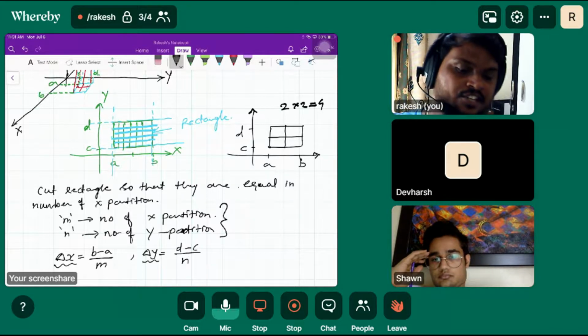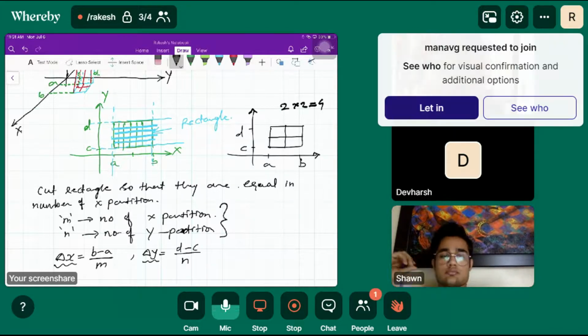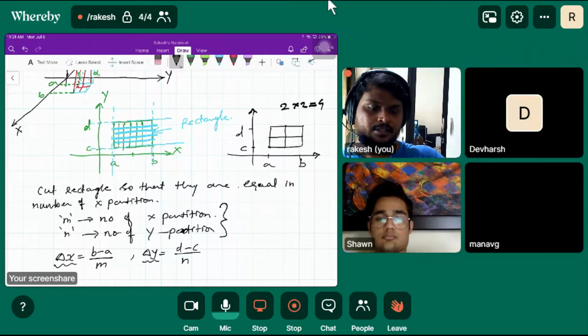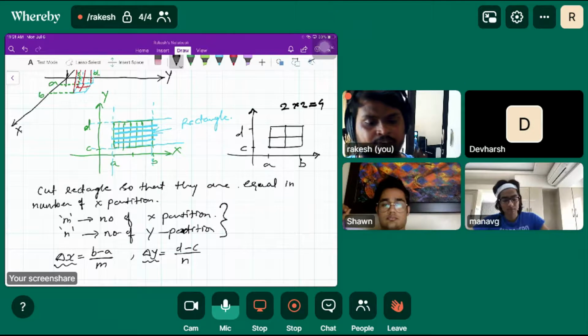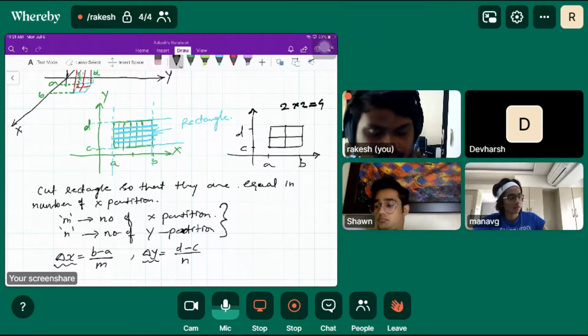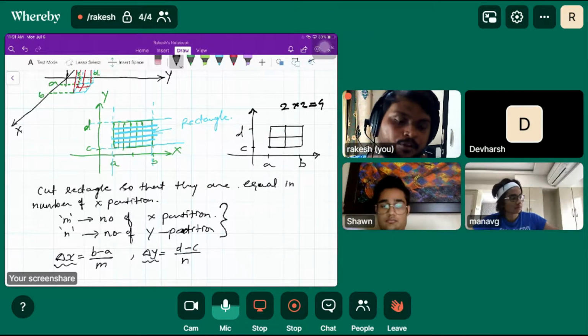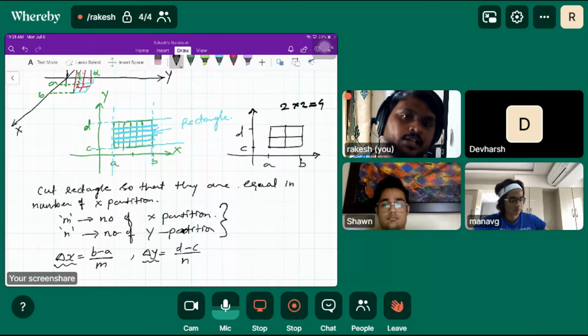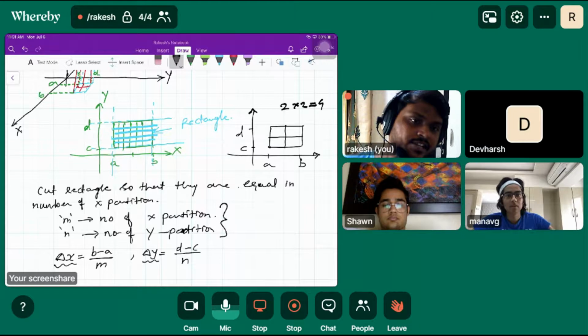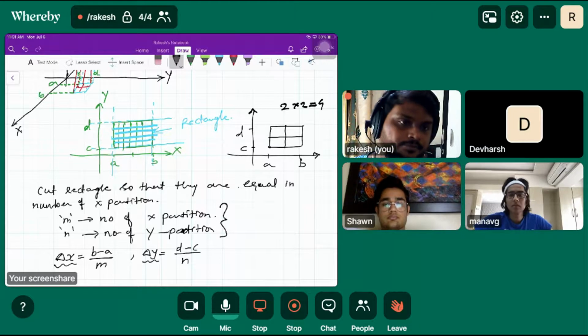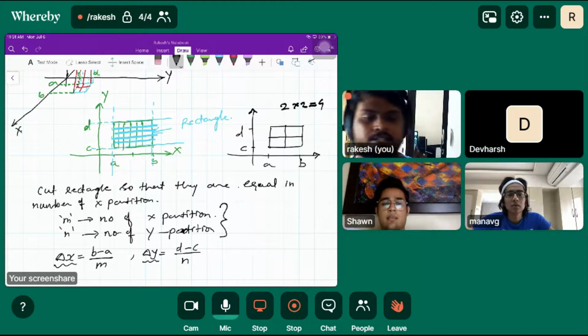Because we have done the partition along the x direction, and we have done the partition along the y direction. m is the number of partitions along x, n is the number of partitions along the y direction. So how many rectangles are we getting here? mn, right?